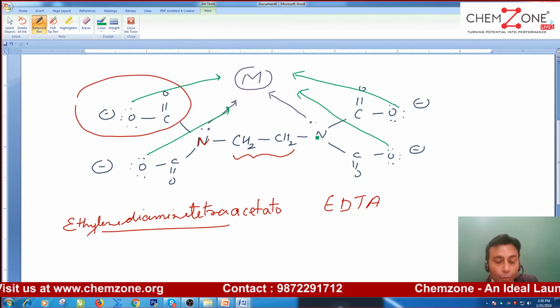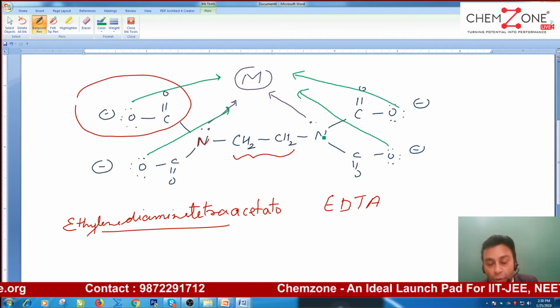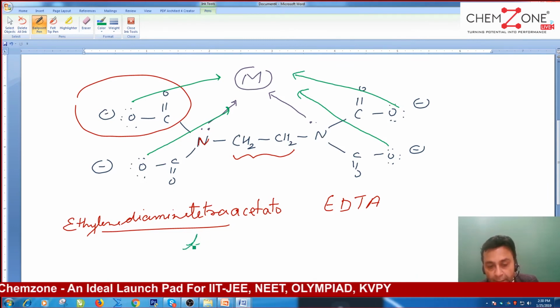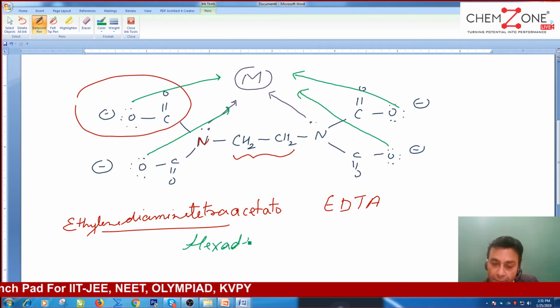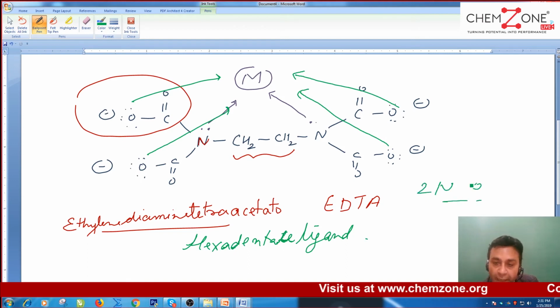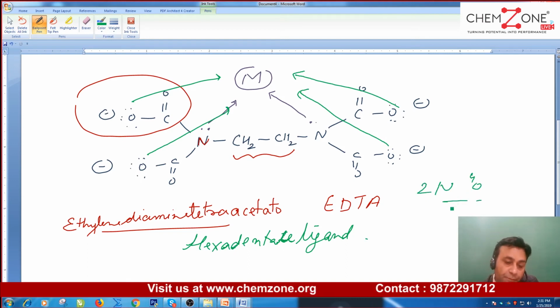So the total number of coordinate bonds it can make is 6, and it is called a hexadentate ligand. EDTA has both nitrogen and oxygen as donor atoms. There are 2 nitrogen and 4 oxygen, right?